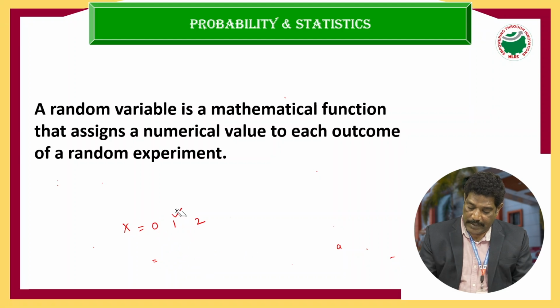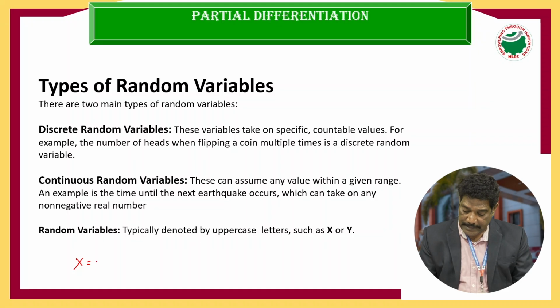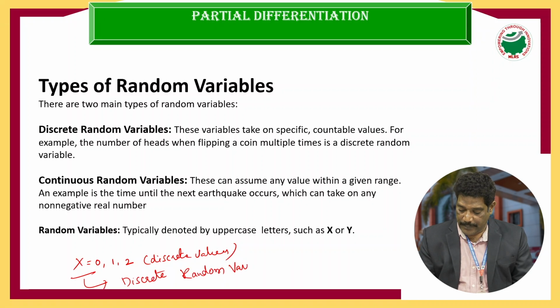We are taking only the discrete values. So taking discrete values means X is called a discrete random variable.